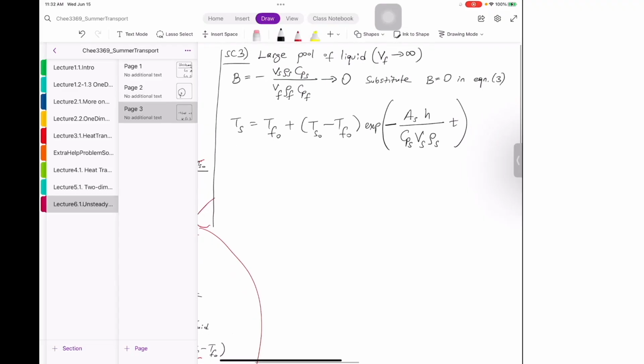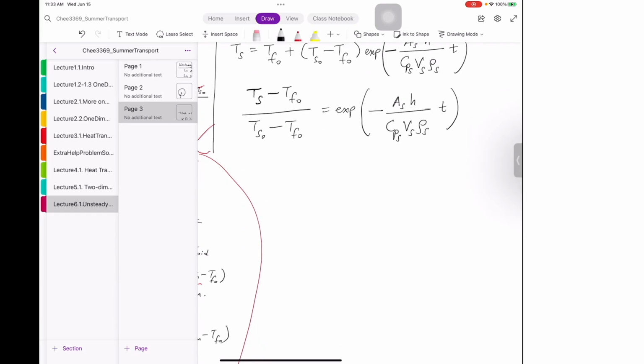And you can rearrange this formula to have a non-dimensional temperature on the left-hand side, which is Ts minus Tf0 divided by Ts0 minus Tf0, is equal to exponential minus A h over Cps Vs rho s times t. Okay.